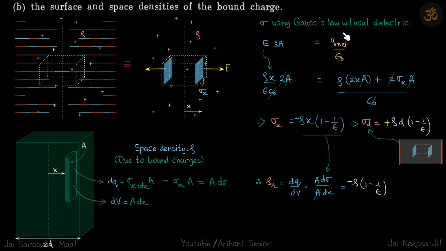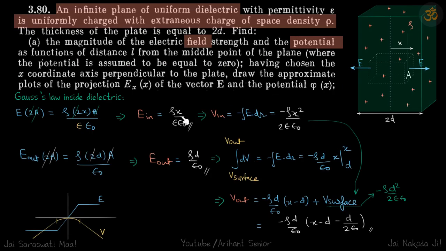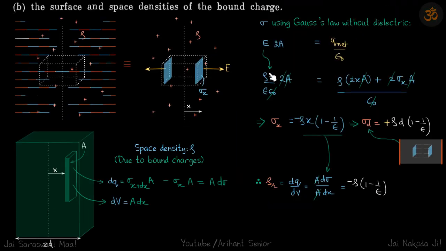So now we can use the Gauss law, and without dielectric, because we are replacing the dielectric with the bound charges. So we don't need dielectric anymore. So the same effect we are generating by bound charges. So E into 2A is equal to Q net by epsilon naught. And Q net is because of the extraneous charge and because of the bound charges. So E we have already seen, E inside is rho x by epsilon naught times 2A is equal to Q net.